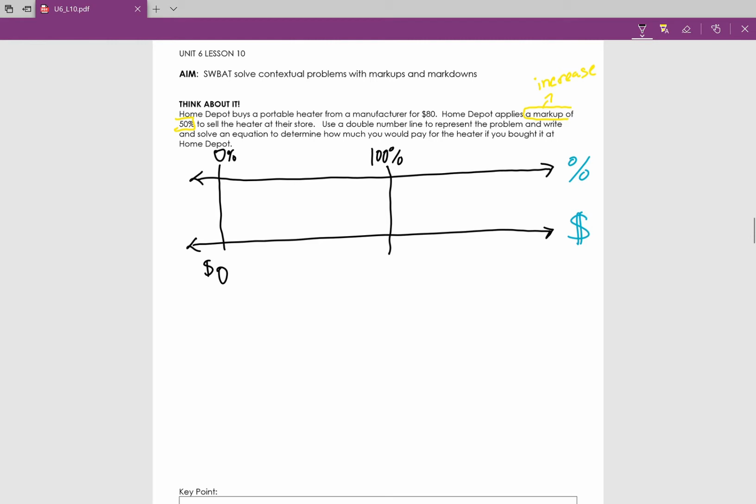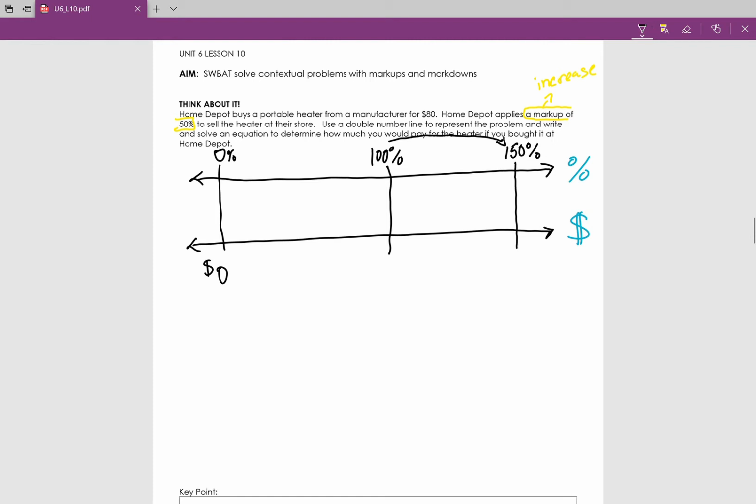And then it says a 50% increase, so let's label that too. 100% increased by 50% leaves us with 150%.